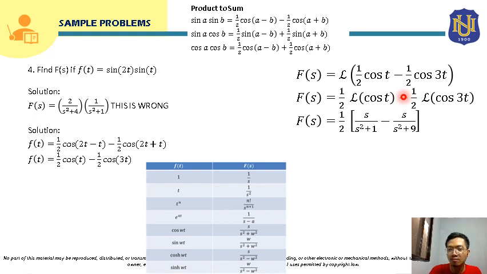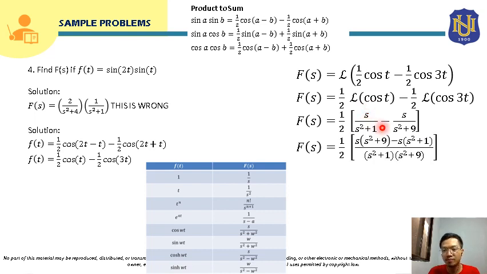Minus the Laplace transform of cosine 3t. The w is 3, so that will be s over s squared plus 3 squared, which is 9. We just factor out 1/2 here again. Now we are going to combine these two terms by solving for the least common denominator, which is (s squared plus 1) times (s squared plus 9).